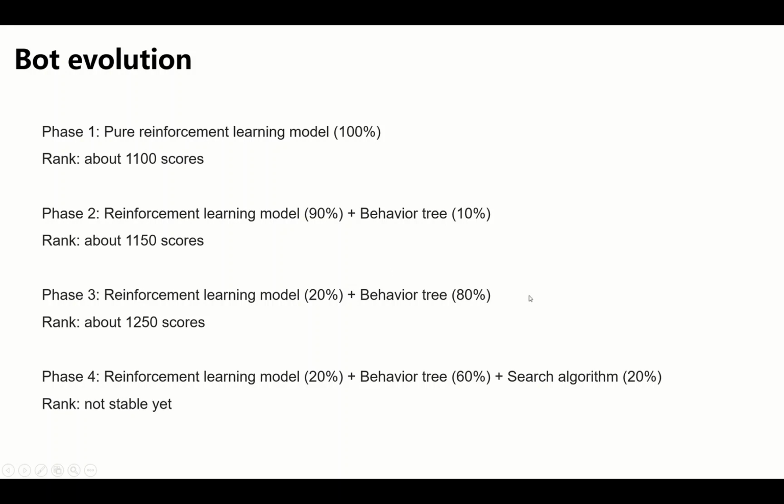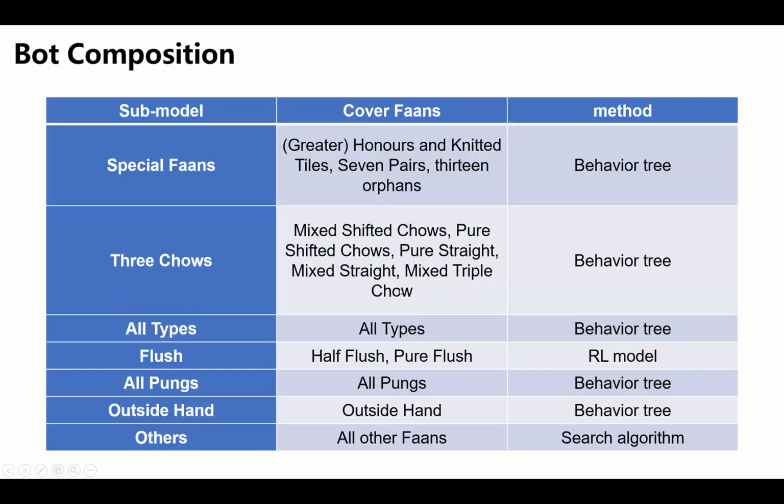Then we continued to use the behavior tree to correct the RL model. The bot can reach around 1250. Now, we also added the search algorithm, but there are not enough games to test its stable effect. This is the method distribution map of our final bot.